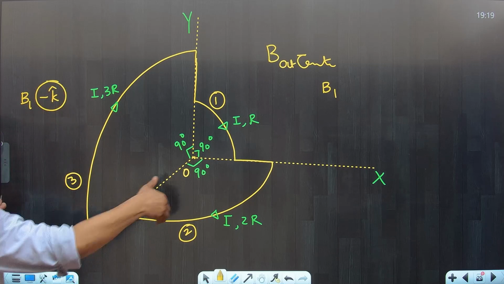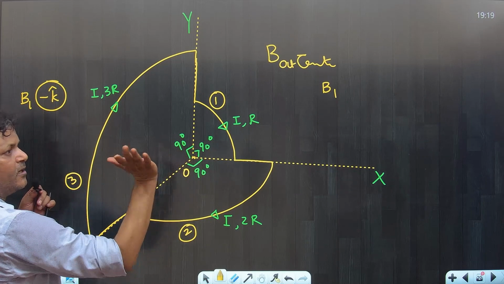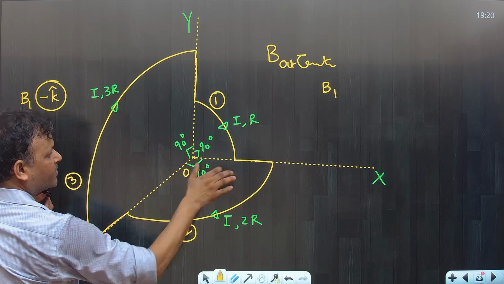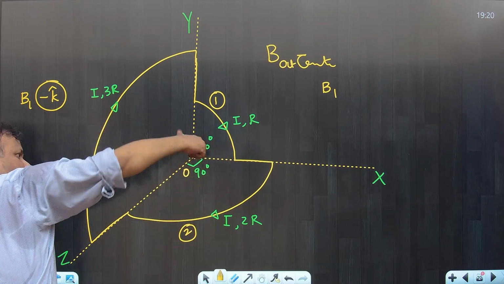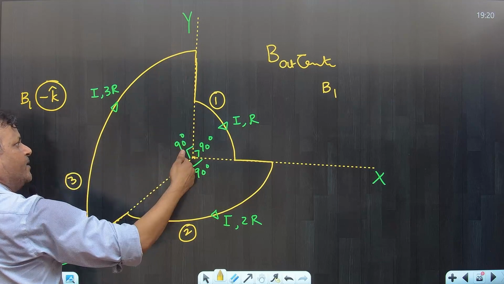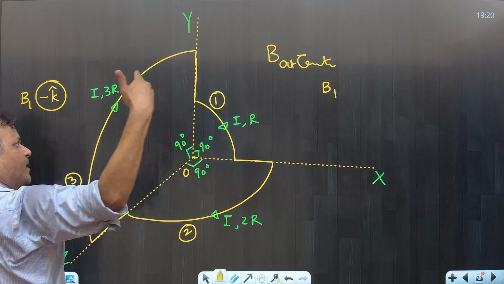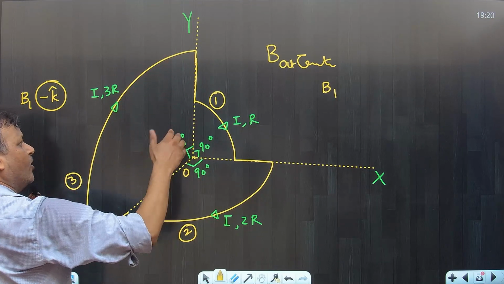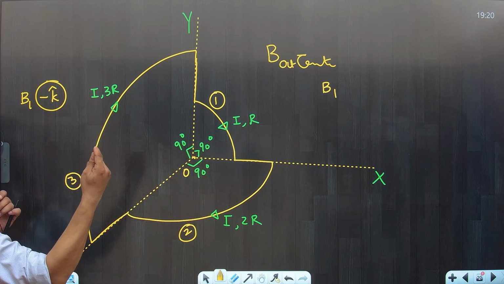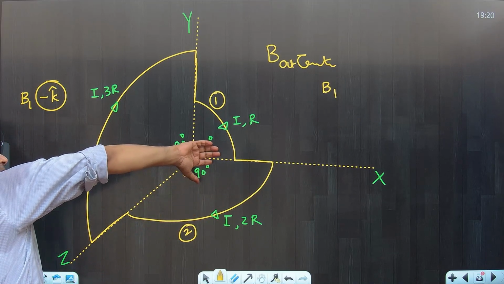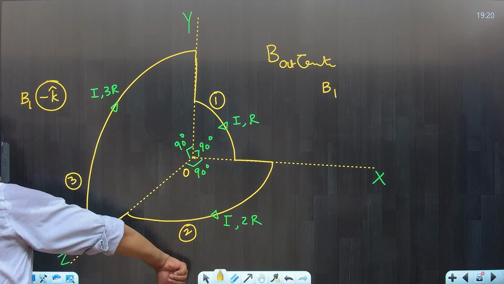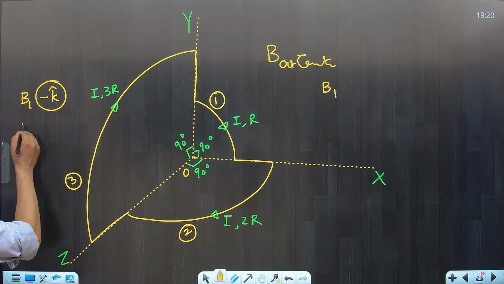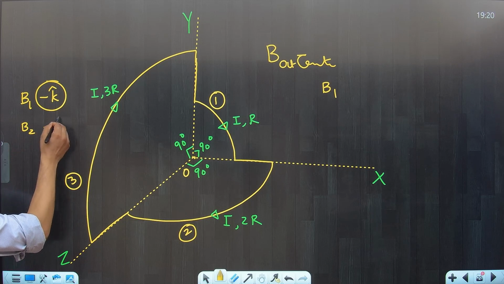For B2, it is in this plane. Z is here, Y is here. This is the YZ plane, and current is like this. The thumb goes down, means minus j cap. So B2 is minus j cap.